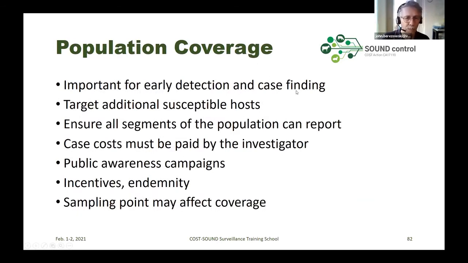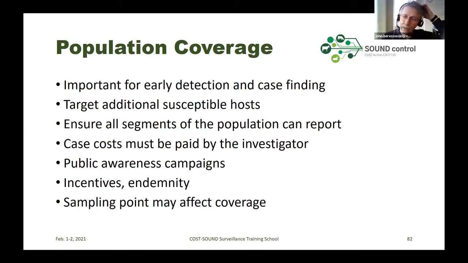Population coverage is important for early detection and for case finding. And here we mean, is your surveillance penetrating all parts of the population? If it's not, you can target additional susceptible hosts, ensure all parts of the population report.